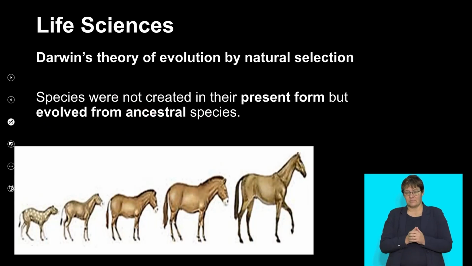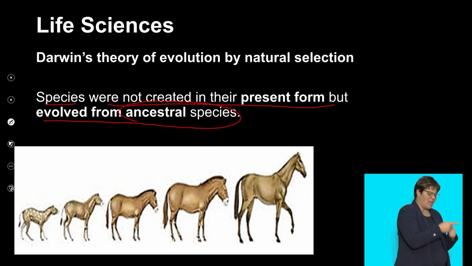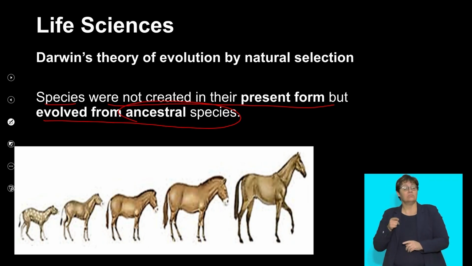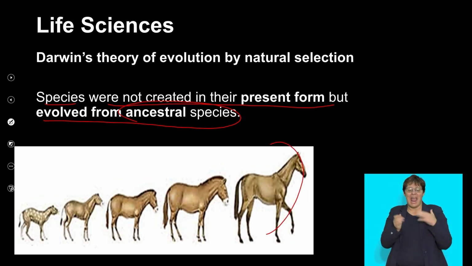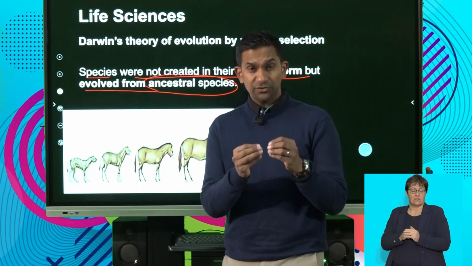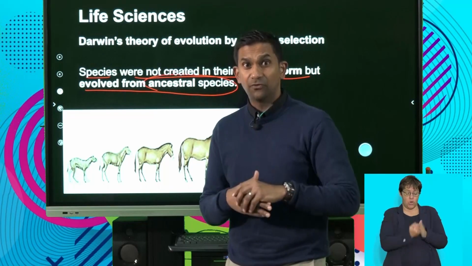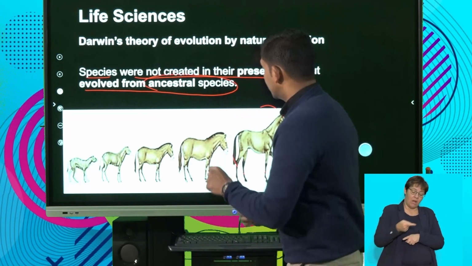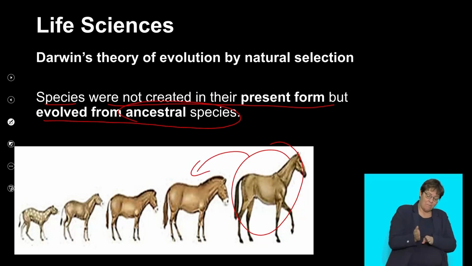Guys, Darwin's theory also pointed out that species were not created in their present form, but evolved from an ancestral form. Essentially, any species that currently exists has not suddenly appeared. It's important that we recognize that in order for a new species to form, it would have had to form from a pre-existing one.